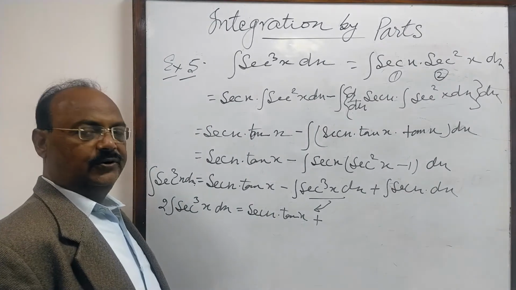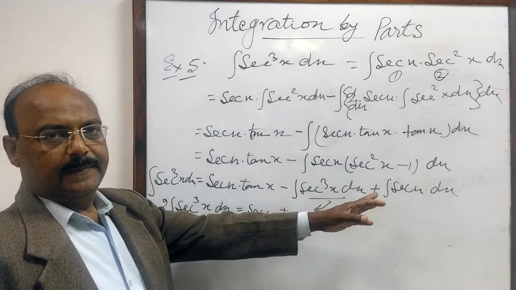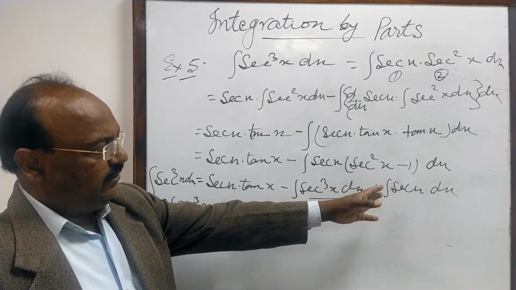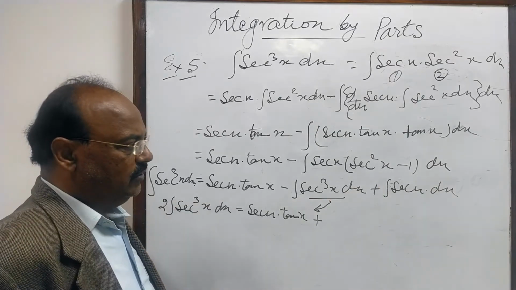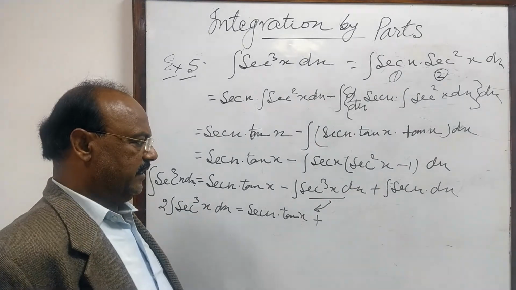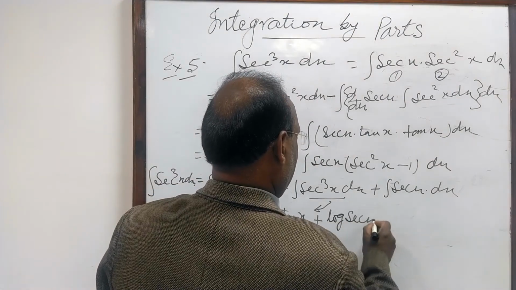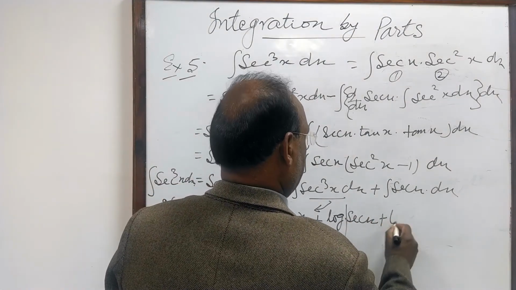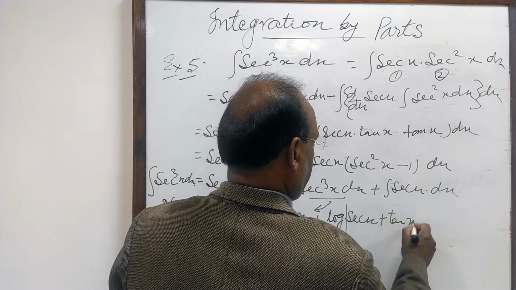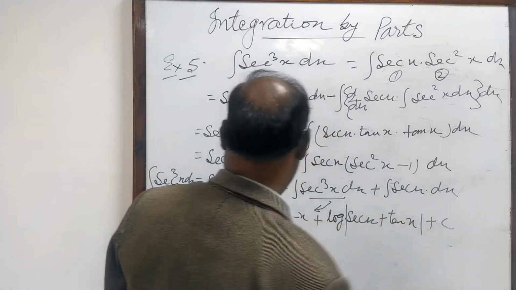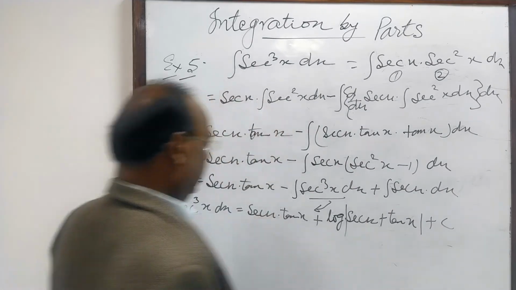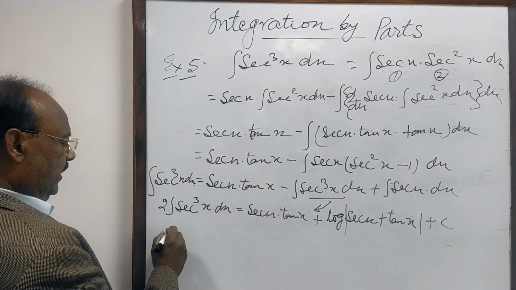You know how to get integral of sec x, you have done it very earlier in the previous video. So this will be log of sec x plus tan x, so plus log of sec x plus tan x plus c, and dividing both sides by 2 will get the answer.